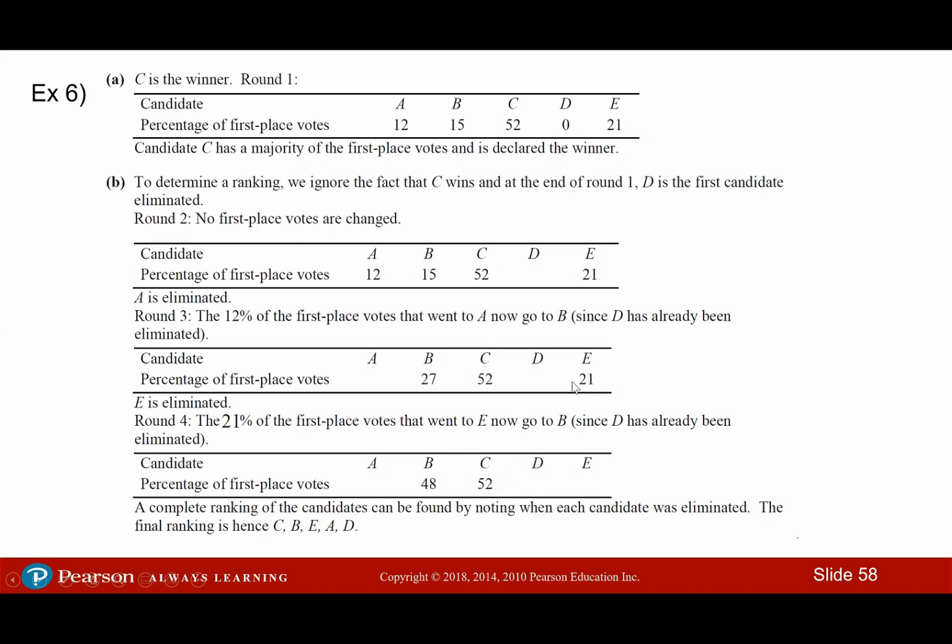So 27, no, 21 is lower than 27. Sorry about that. 21 is eliminated, so E is eliminated. 21 points go to B, which gives you 48. So what's the process? C is first place, B would be second, E is third. A is fourth, and D with 0 points is last.